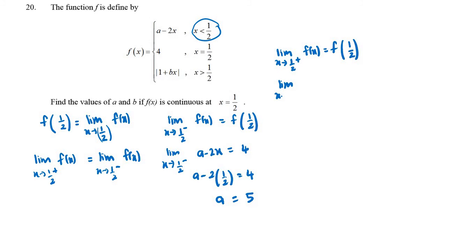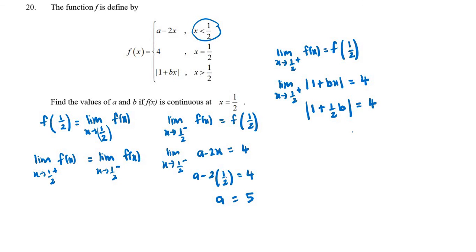Over here, we have 1 over 2 from the right, and f(x) is the modulus of 1 plus bx, the modulus function, that is equal to 4 also. The only way for us to do this is to substitute 1 over 2 for x. So we have 1 over 2 b over here, we still have the absolute value sign, and that is given by 4.